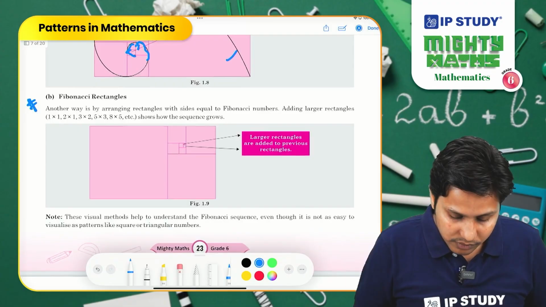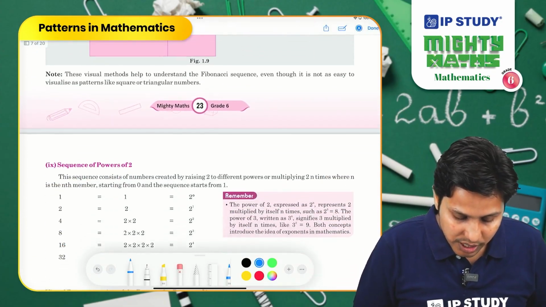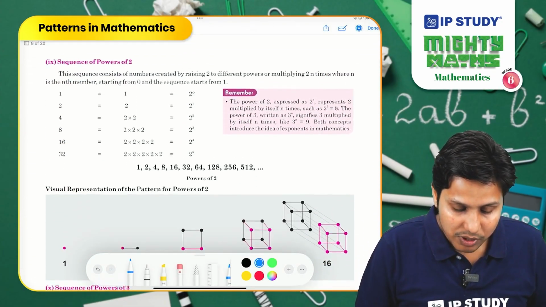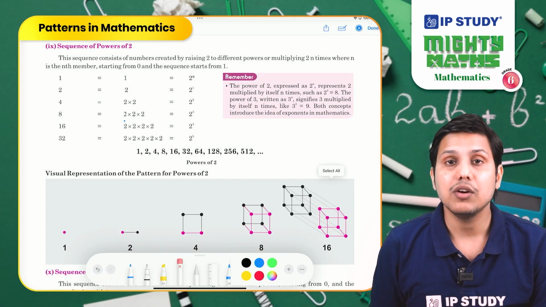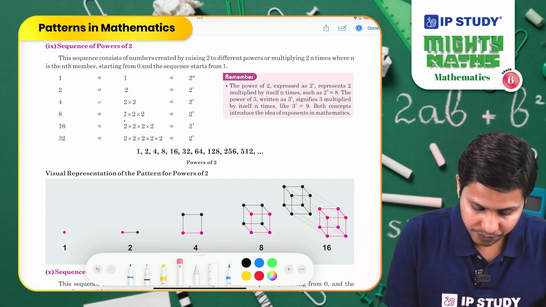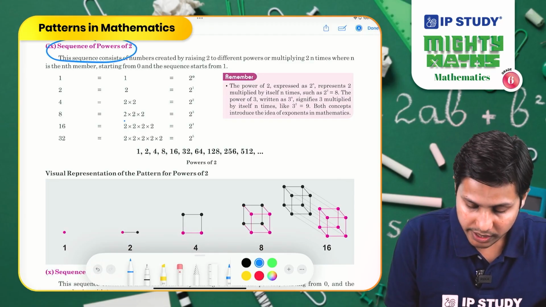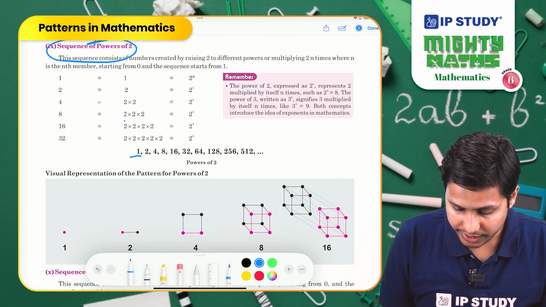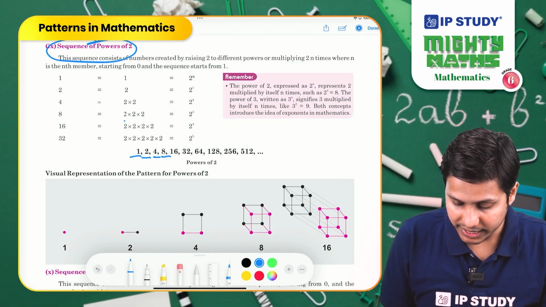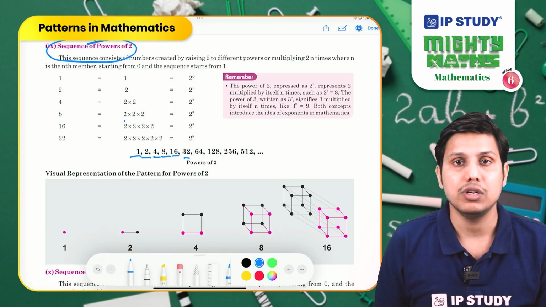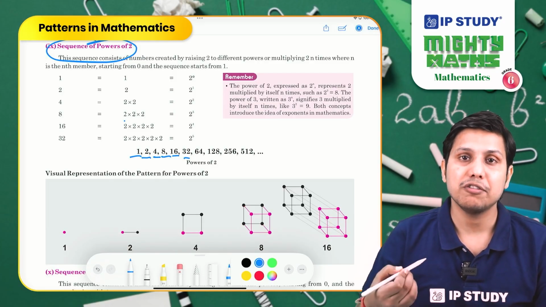Now students, moving to the sequence of powers of 2. In this sequence, the numbers start from 1, then 2, then 4, then 8, 16, 32 and so on. Now let us see how these numbers are formed.